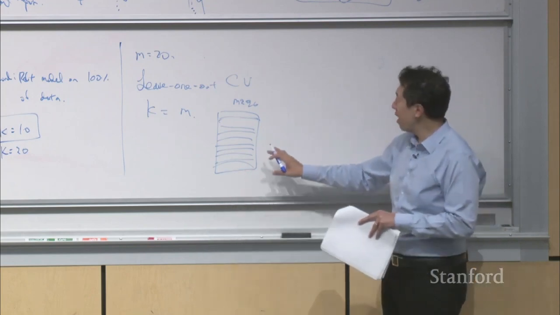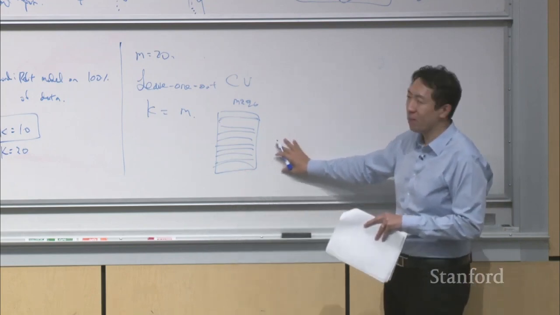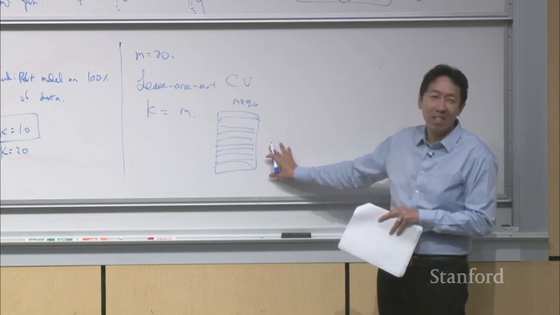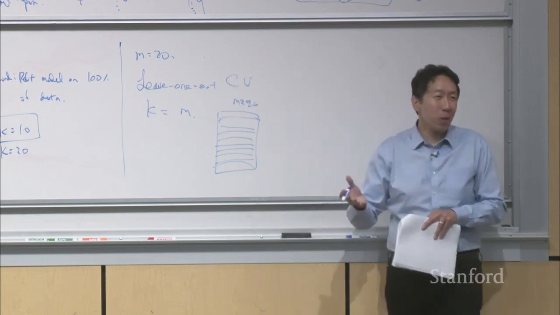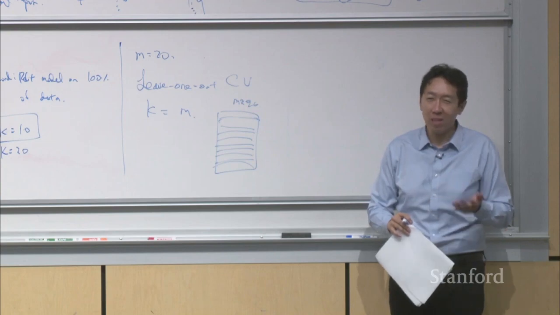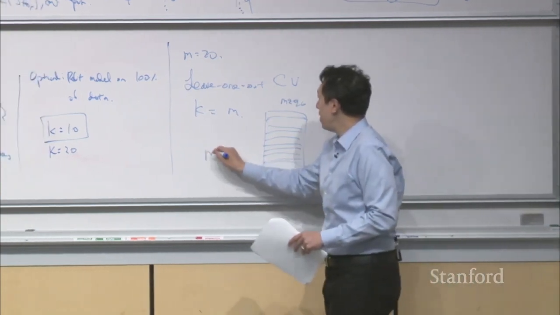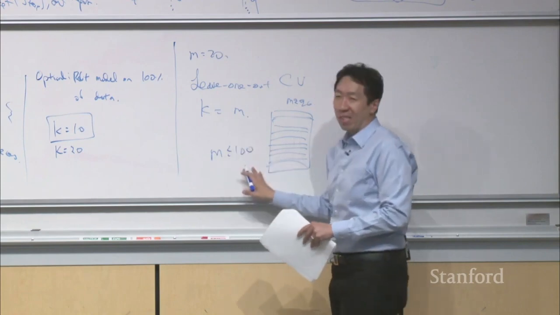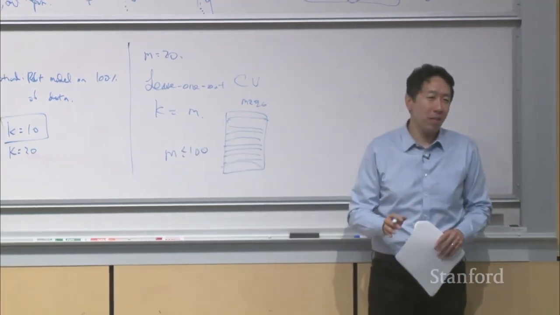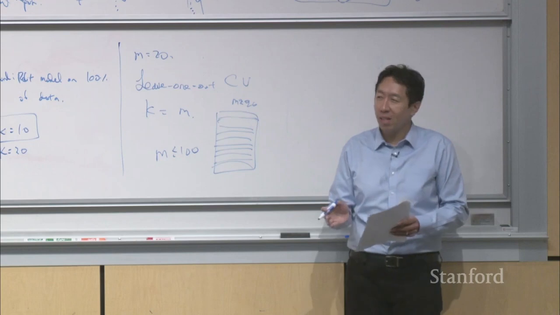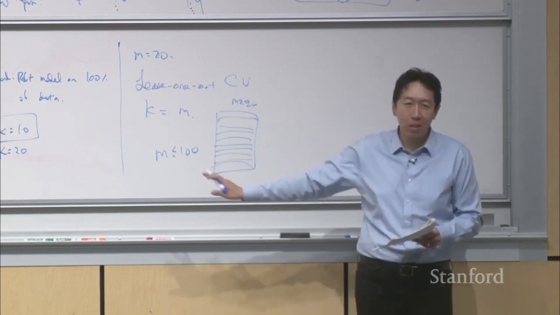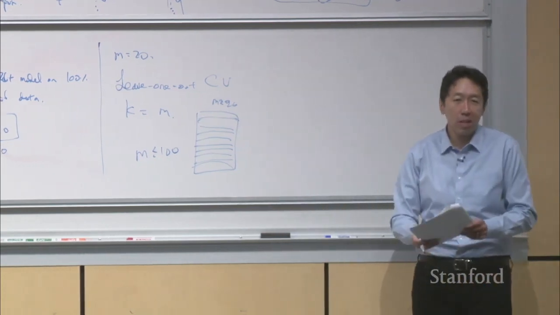I personally pretty much never use this procedure unless m is 100 or less, I guess. If your model isn't too complicated, you can afford to fit a linear regression model 100 times. It's not too bad, right? So if m is less than 100, you could consider this procedure. But if m is 1,000, fitting a model 1,000 times just seems like a lot of work, and then you usually use k-fold cross-validation instead.